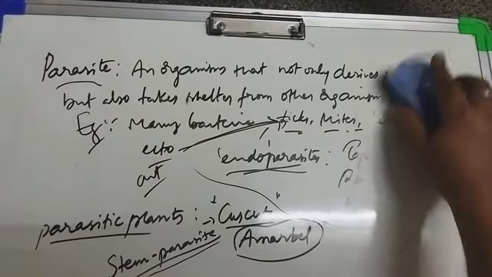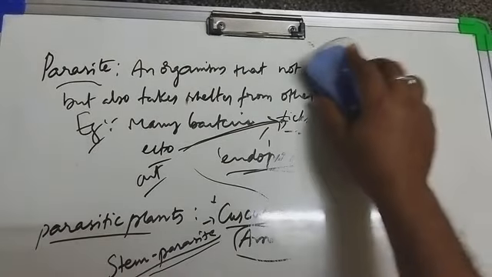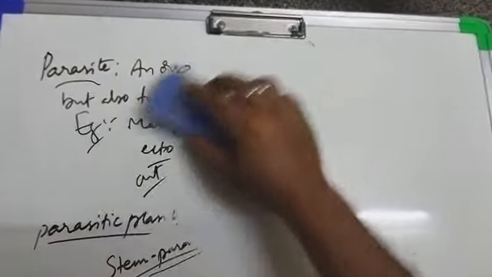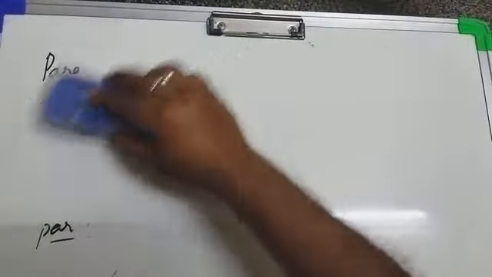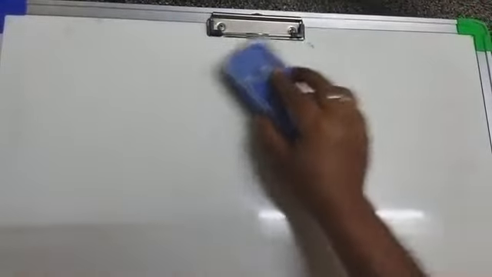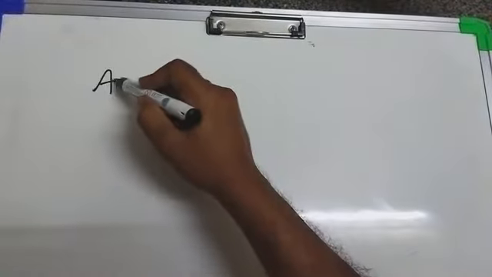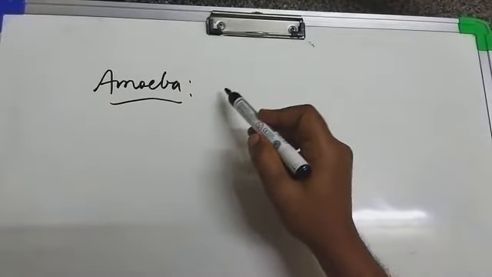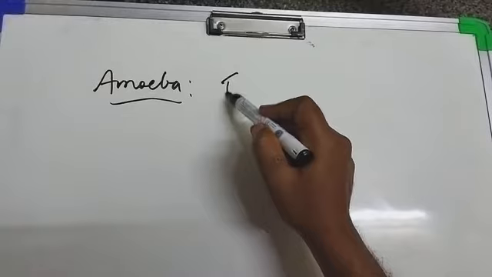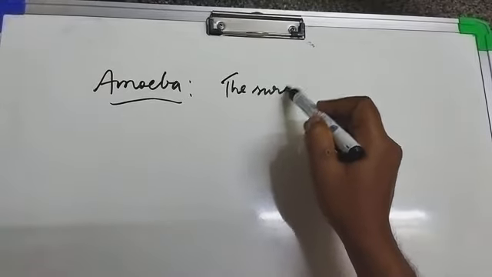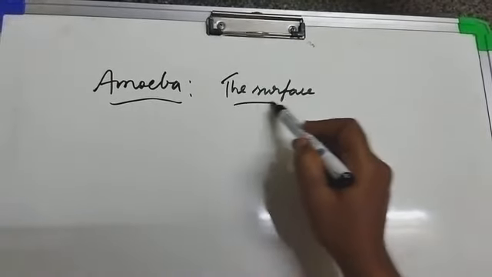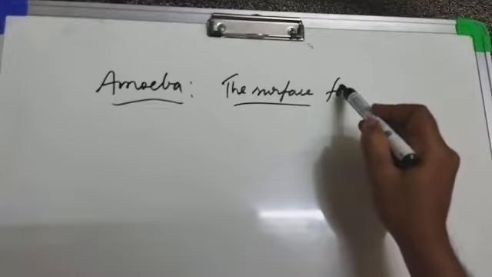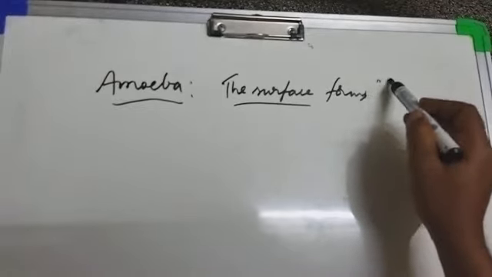So in unicellular organisms, the entire surface is in direct contact with the environment. So the food may be taken in using the entire surface. In amoeba, which is a unicellular organism, the surface of the organism forms false feet.